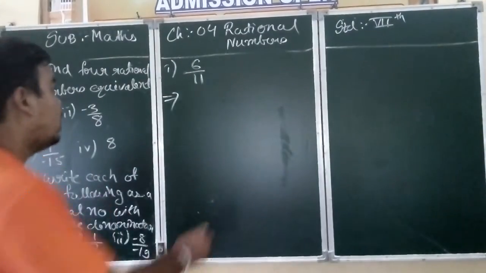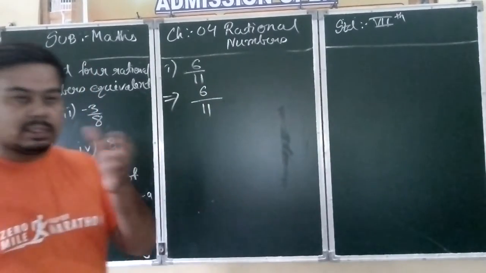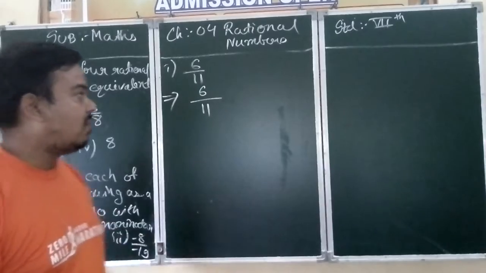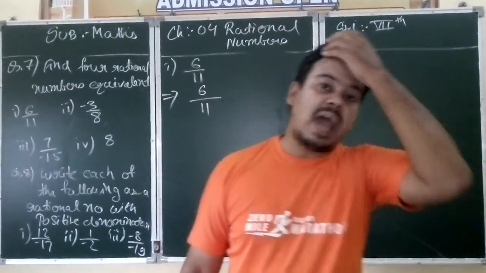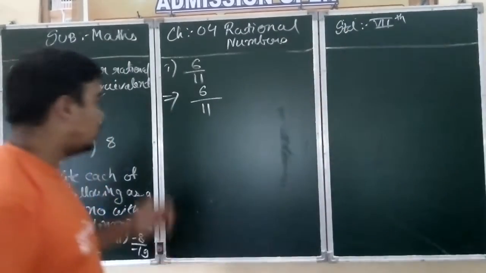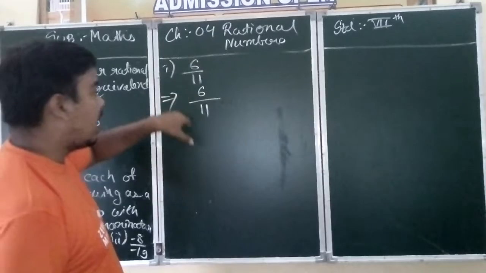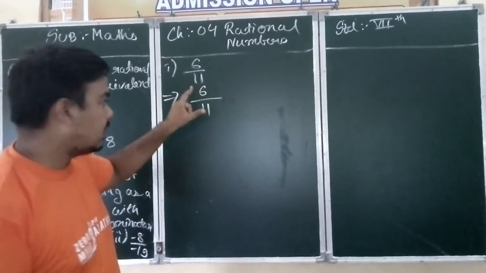So we see the first property of rational numbers: multiply numerator and denominator by m, and the rational number will always be the same, it's unchanged.